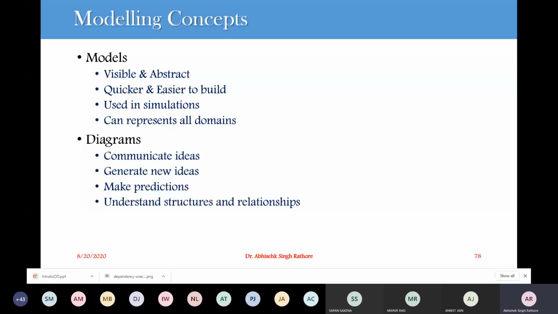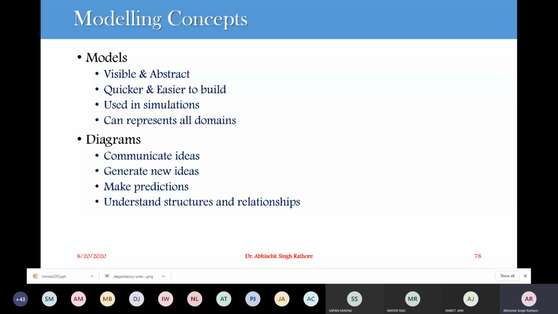These models are quicker and easier to build than the system. They help with simulation, and they help us learn more about the thing they represent. They can represent all the domains that we are going to develop, and even in all domains you can have imaginary parts or real entities. You can model all sorts of domains here.